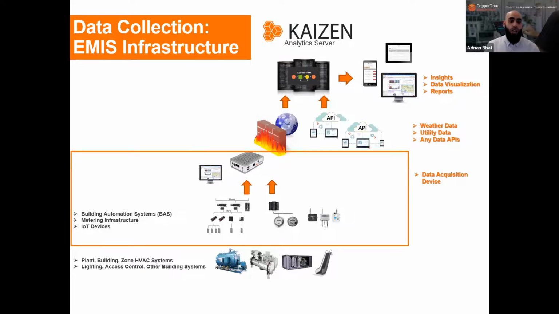APIs can be used for cloud-to-cloud connections to bring data in. And once the data begins to flow continuously onto our secure servers, analytical engines examine these data sets and generate reports, visualize results, and send notifications to users anytime a fault or an anomaly is detected.